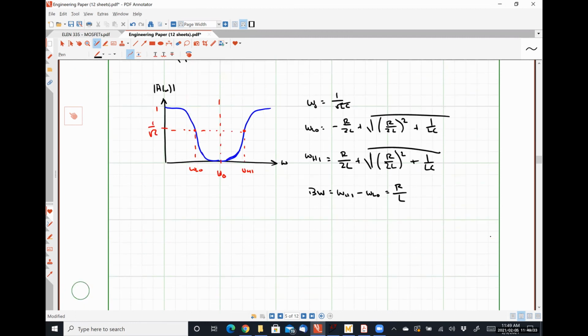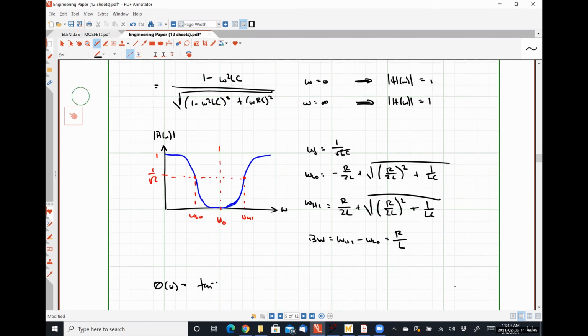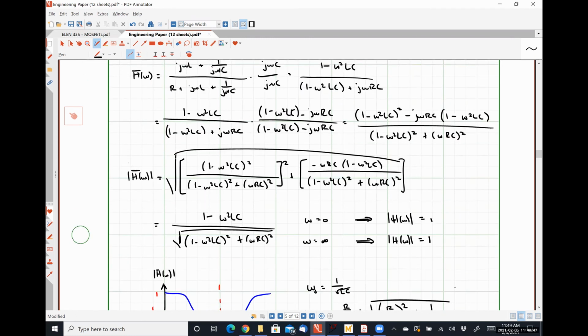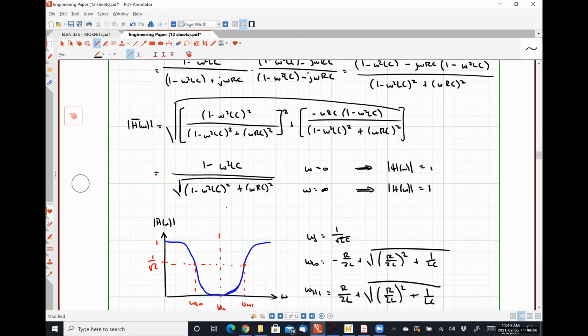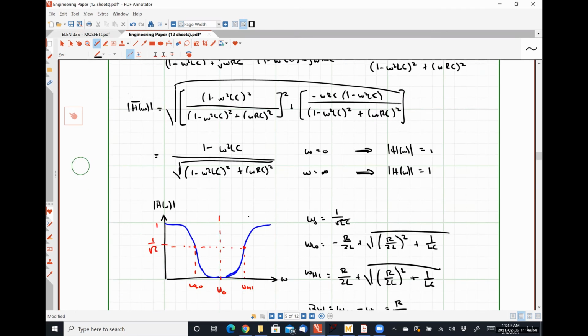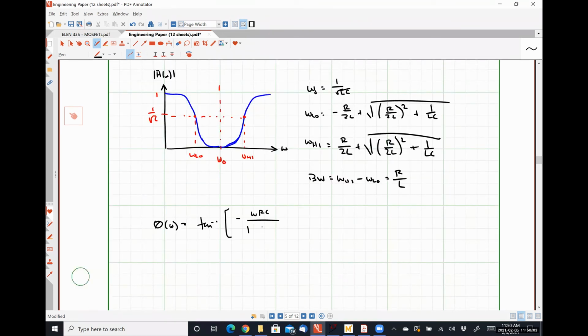And the last thing we need is our phase response. Theta as a function of omega is going to be the inverse tangent of the imaginary portion divided by the real portion. So that's going to be negative omega RC divided by 1 minus omega squared LC.